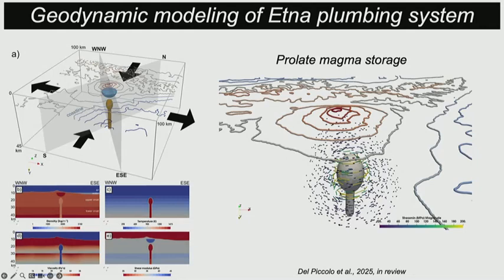Here you can see a very idealized magma storage with a prolate shape, and here there is the conduit which I'm feeding from below with some magma. So basically, if you feed this magma storage, you see that the pressure increases in the surrounding medium because you are injecting fluids, and the tensile axis, so the sigma three that you see here with these bars, form this cylindrical pattern around the magma storage.